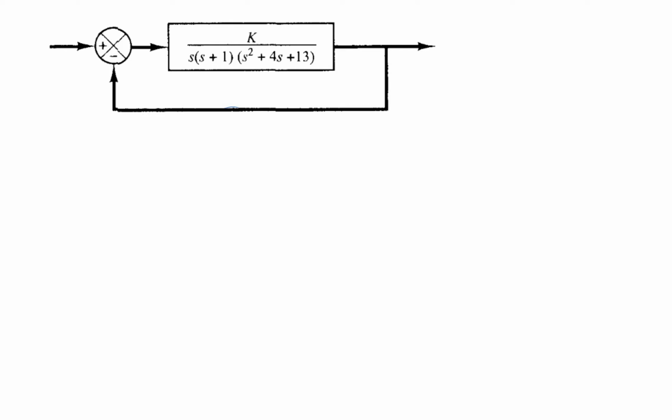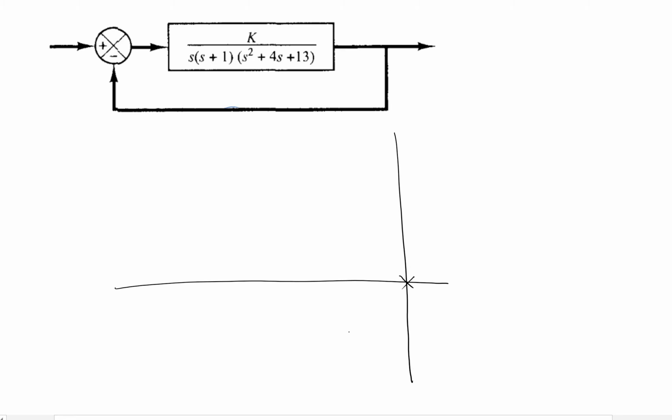We've got four poles, two real and two complex, so let's look at plotting those. We've got a pole at the origin, and then a pole at minus 1, and I've done the math on this, and the complex poles are at minus 2 plus or minus 3j.